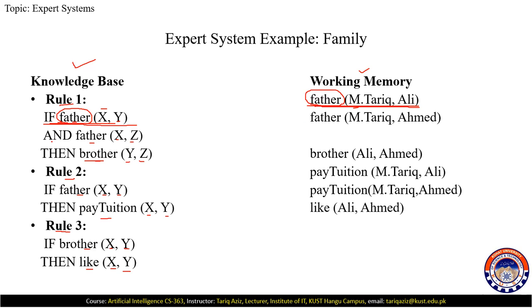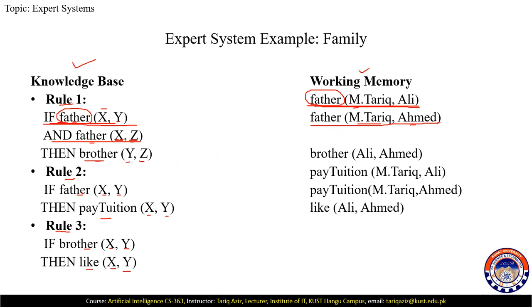In this case, the second premise is this one. Now Prolog will unify this x with Mr. Tariq, as we know from the previous matching, and will unify this variable z with Ahmad. Now Mr. Tariq is the father of Ahmad too. So Prolog will add this fact to the working memory too.